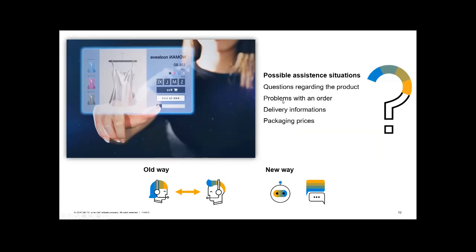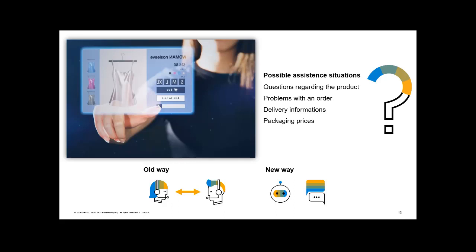And even if I have a problem with my order, I can send it to the chatbot and say, okay, hello, I have a problem with my order 1, 2, 3. And for example, one product is missing. And then the chatbot says, okay, I create a service ticket for that now. And a customer support agent will get in touch with you.